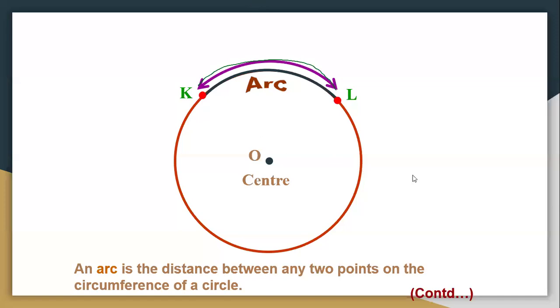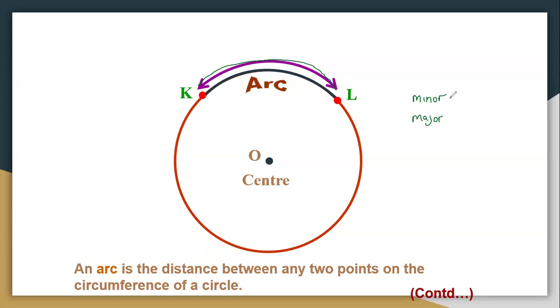It is from here that now I'm going to talk about 2 things that are going to be important. When we are talking about a circle, we have 2 different types of arcs. We have what we call a minor and what we call a major.